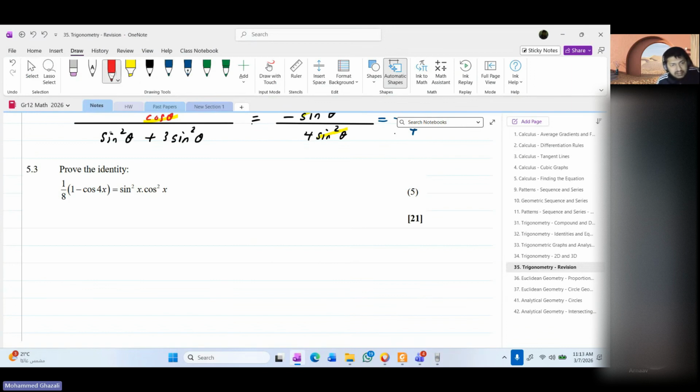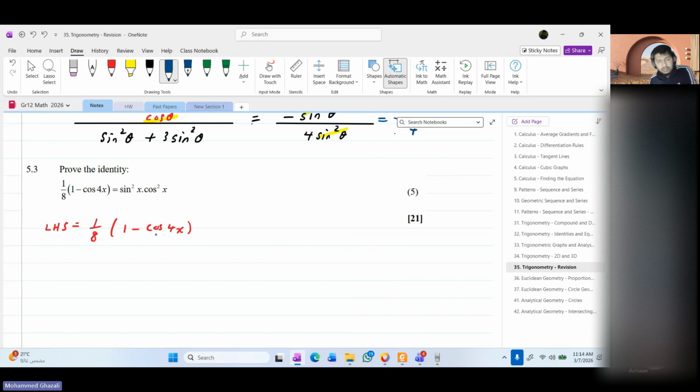So when you say left-hand side is equal to 1 over 8 into 1 minus cos 4x, right? Now I want you to think about what is cos 4x.